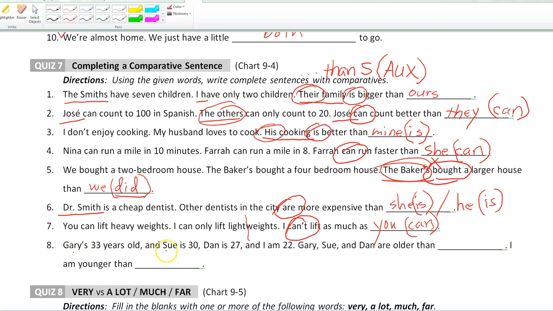Gary is 33 years old, Sue is 30, Dan is 27, and I am 22. Okay, so they're all older than I am, right? Gary, Sue, and Dan are older than I am. I am younger than they are. Okay, and that's the aux that we're using.